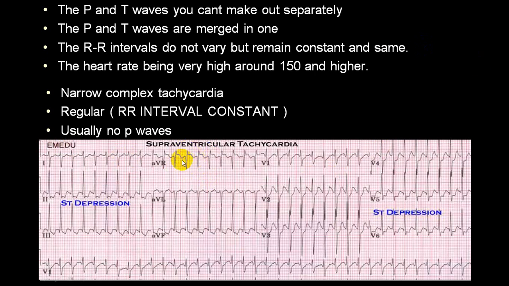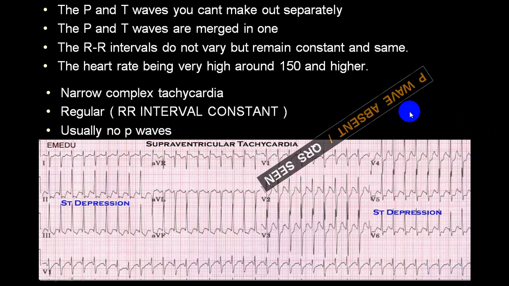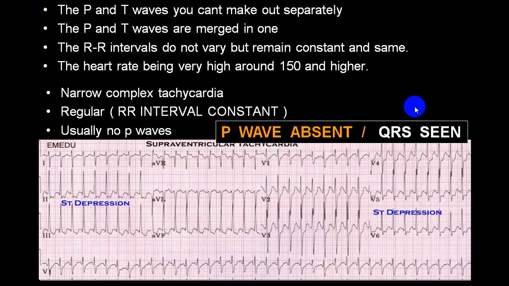When the rate is so fast, we usually label that as a supraventricular tachycardia, maybe coming from the atrial focus. So this is a supraventricular tachycardia, and usually you can't identify the P wave. So we call that the P waves are absent, and you see only a QRS complex. And because of such severe tachycardia, you can see even a ST depression.